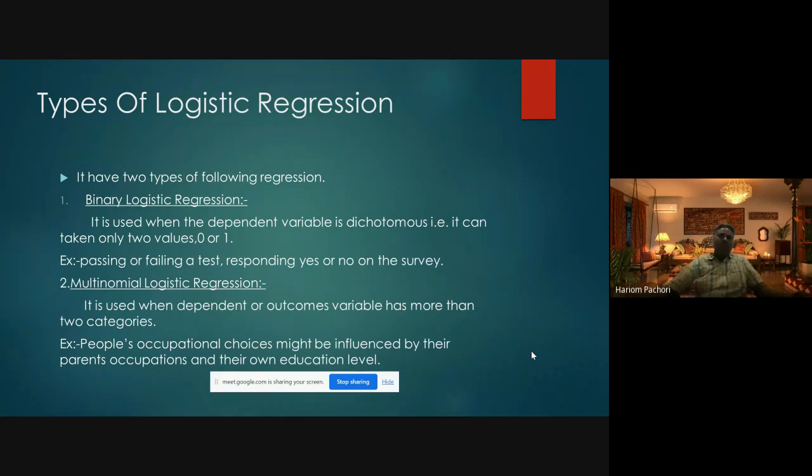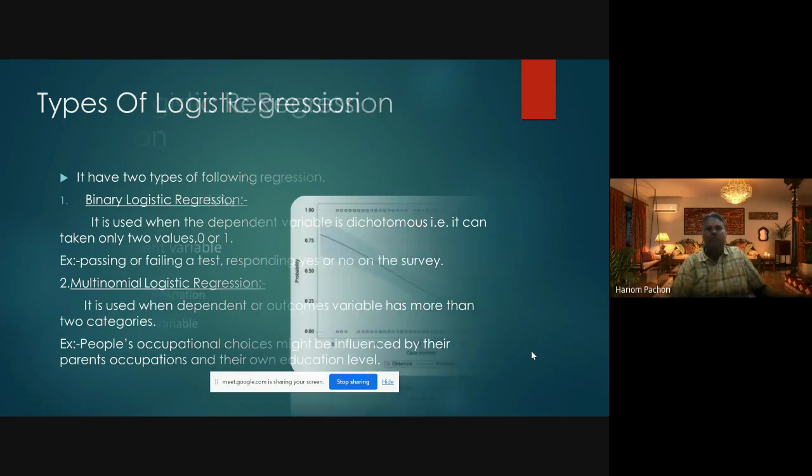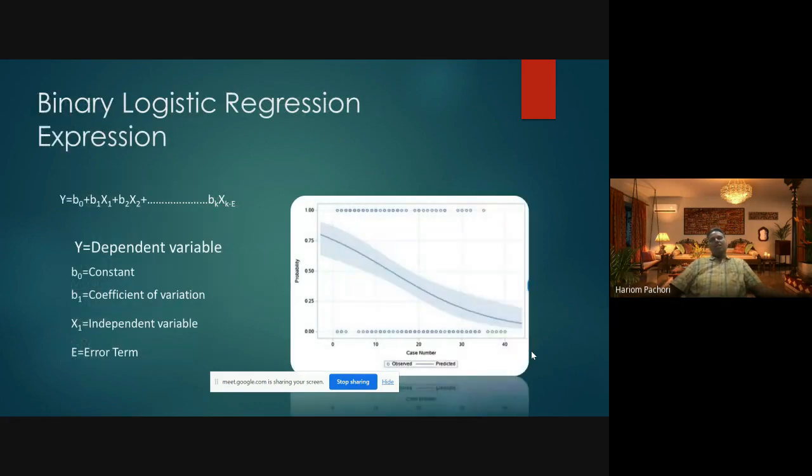An example of multinomial logistic regression: people's occupational choice might be influenced by their parents' occupation and their own education level. This is the binary logistic regression expression: Y equals beta naught plus beta 1 x1 plus beta 2 x2, up to beta k xk.